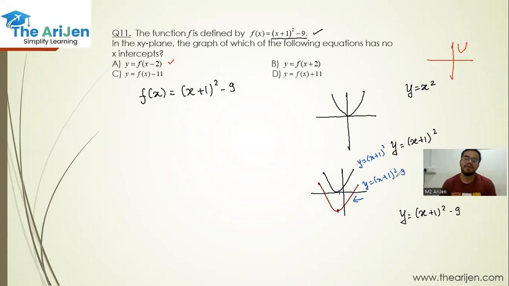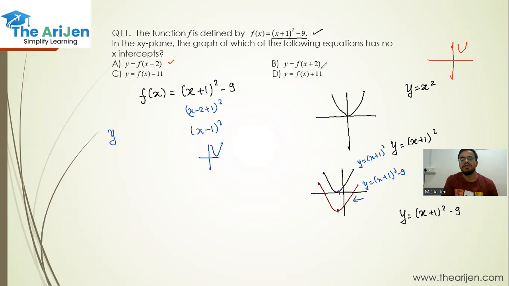Now just have a look at the options. If you put x equals to minus 2 instead of x plus 1, y is (x plus 1) whole square. If you put x minus 2 plus 1, this will be (x minus 1) whole square. Instead of the graph shifting to the left, it will shift to the right and then go below. So this is not going to make any change.